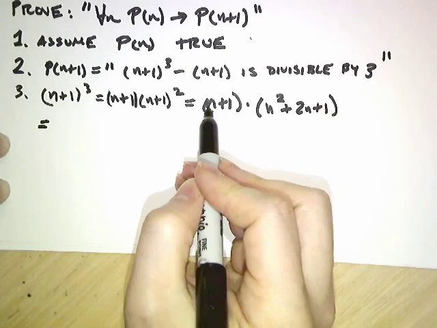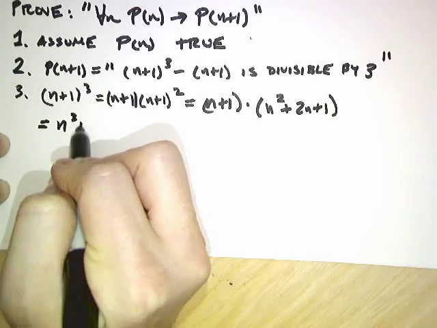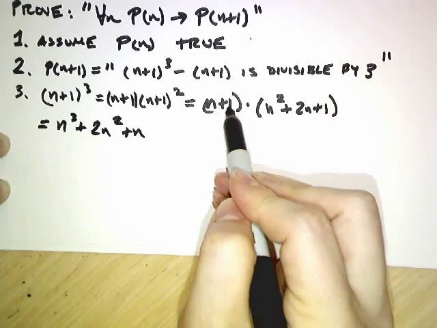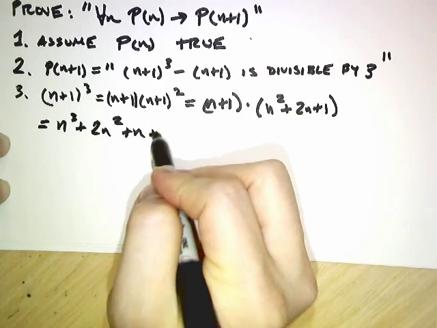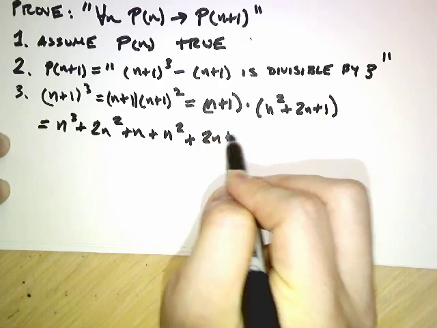Distributing the n, we get n cubed plus 2n squared plus n. And then distributing the 1, we get plus n squared plus 2n plus 1.